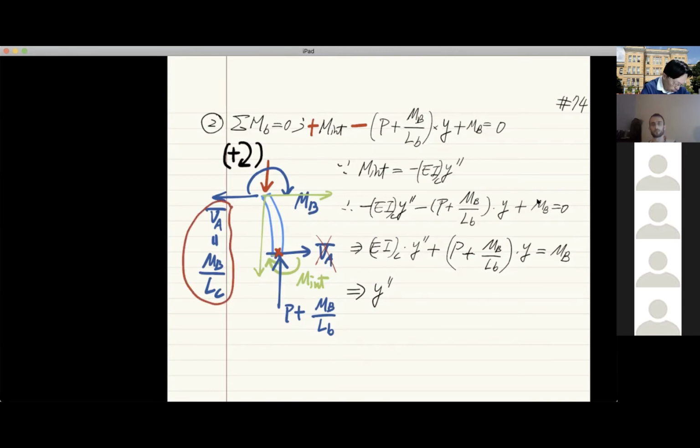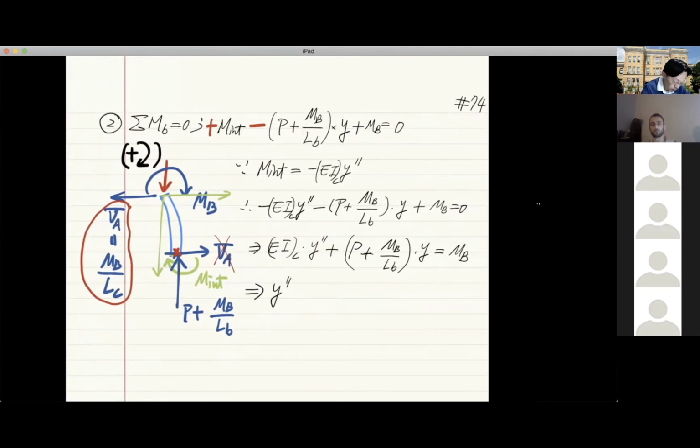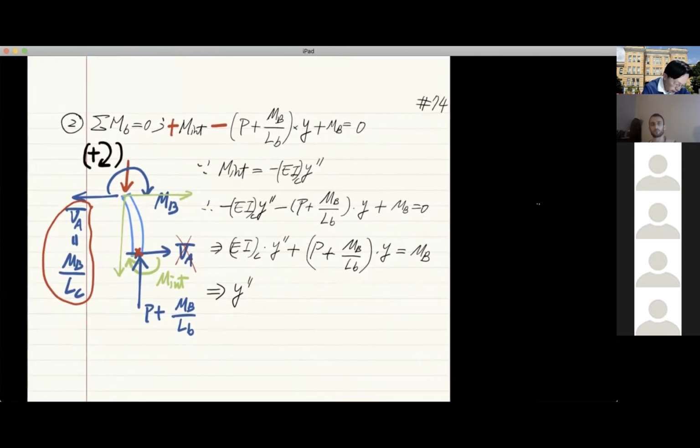And by taking the moment here, we have to include that part in our moment equilibrium. So we actually need to correct this part by expanding this one here.